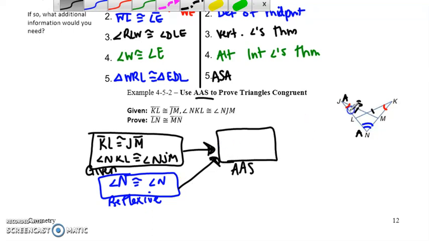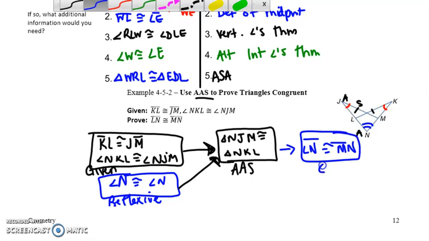And what triangles? Triangle NJM and triangle NKL are congruent. And then from there, we can prove pieces. So we can prove any other part, any other side lengths that are corresponding to each other, by CPCTC.